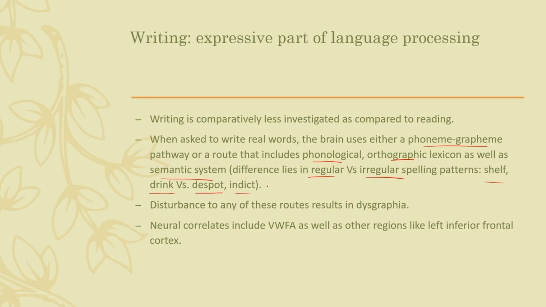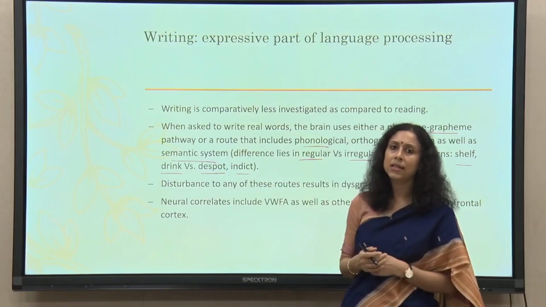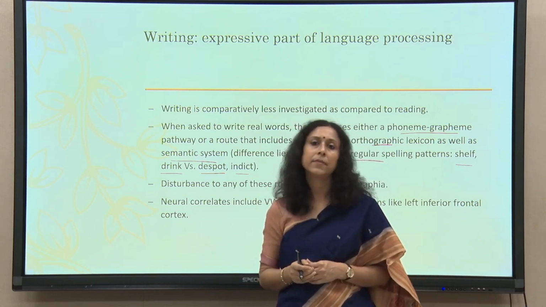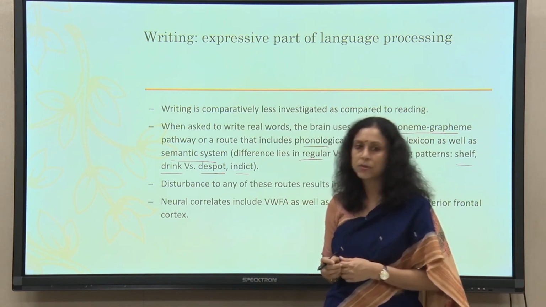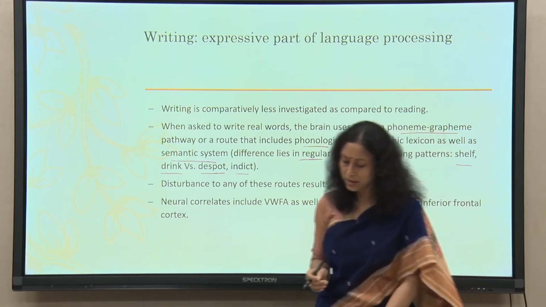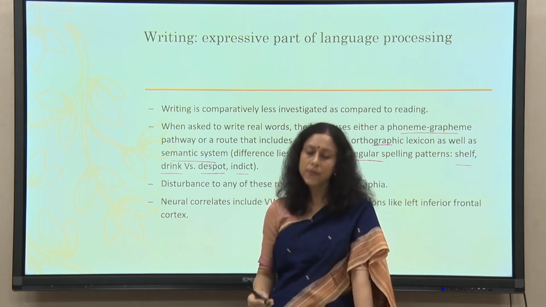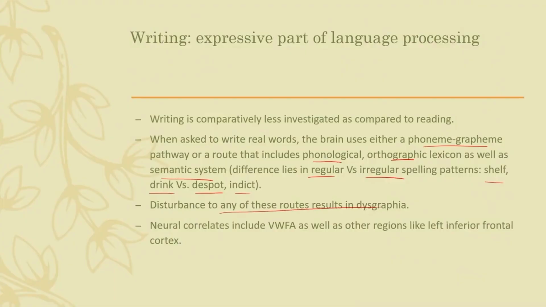Depending on the spelling pattern, the length of the word, its complexity and various other aspects, writing has been found to be processed slightly differently within the network. Disturbance to any of these routes will result in another kind of disorder, called dysgraphia.